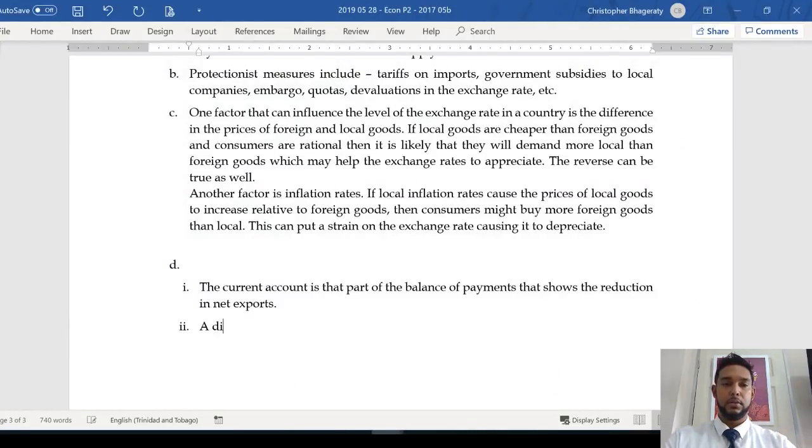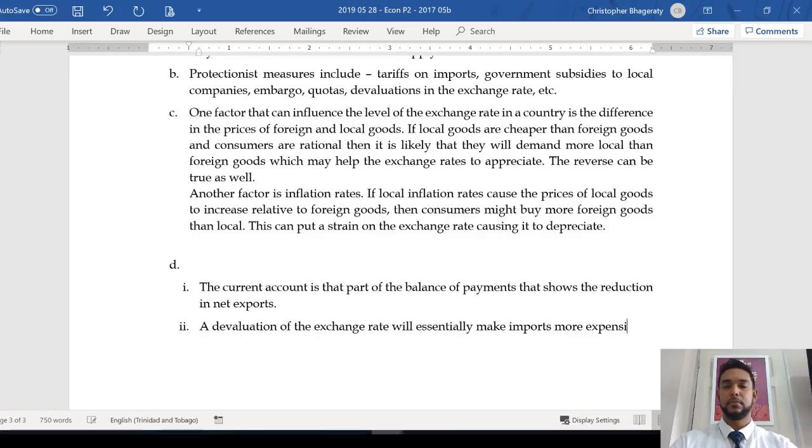So a devaluation of the exchange rate will essentially make imports more expensive and exports cheaper.